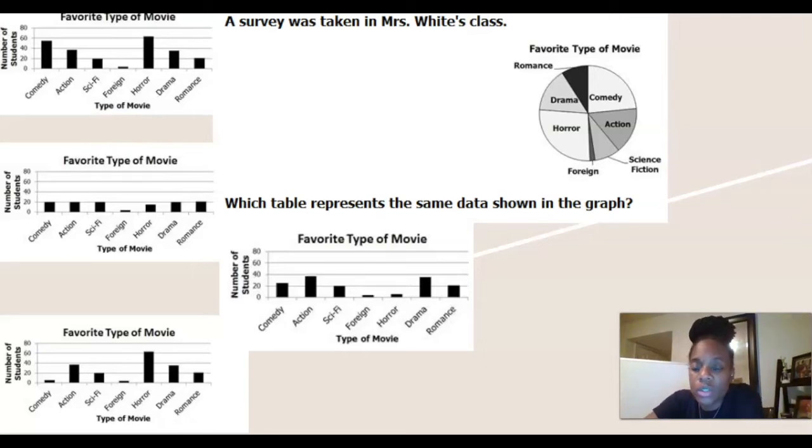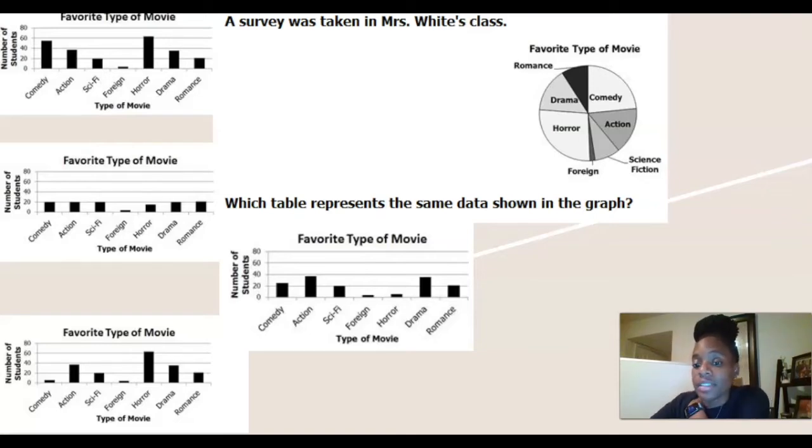If we look at the circle, foreign movies, excuse me, foreign movies had the least amount of people who enjoyed them, or that was their favorite type of movie. Okay. So then we go over here and we look at all of the bar graphs, and pretty much all of the bar graphs are showing that foreign movies have the least amount.